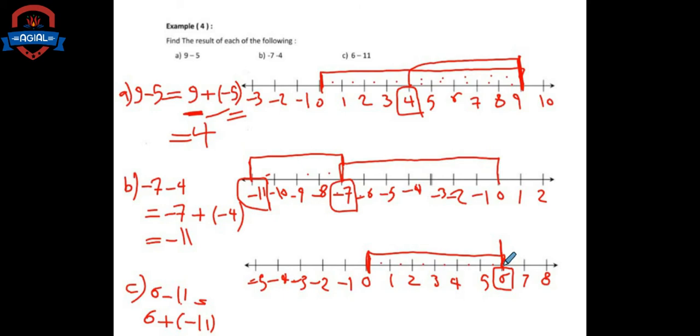The absolute value of negative 11 equals 11. So we move to the left 11 units: 1, 2, 3, 4, 5, 6, 7, 8, 9, 10, 11. So we stop at negative 5. Now we have negative 5. So 6 plus negative 11 equals negative 5.